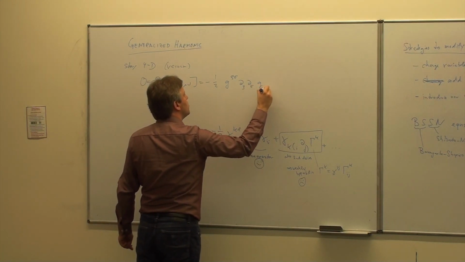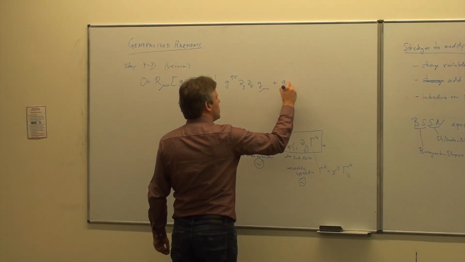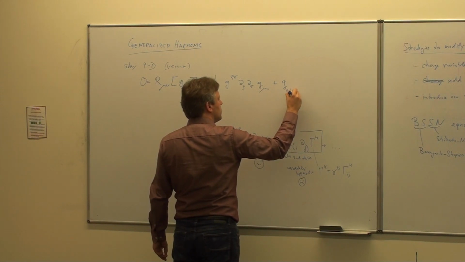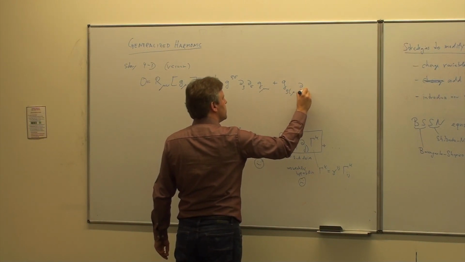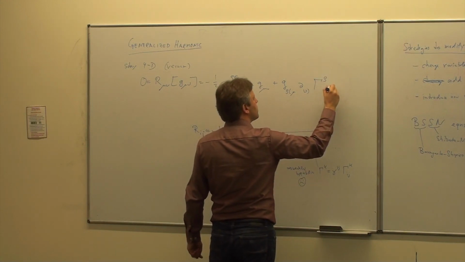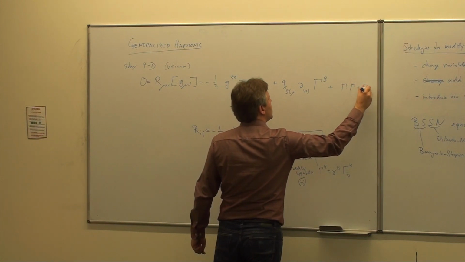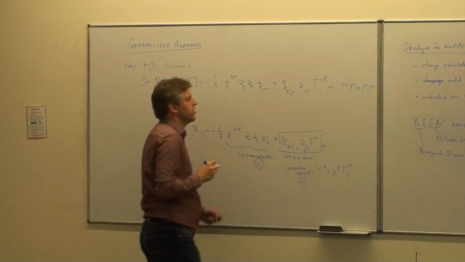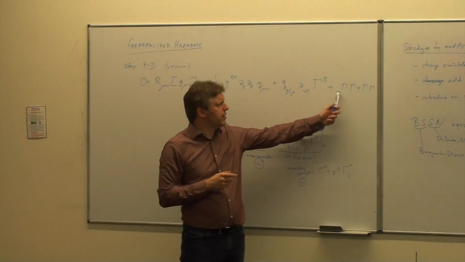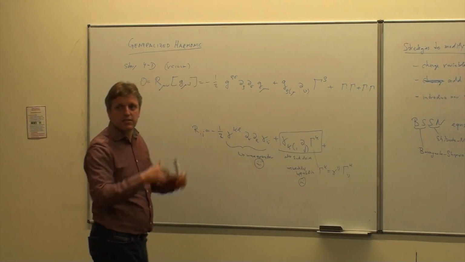Sigma G mu plus G rho mu d mu gamma rho plus the other terms that are in the Ricci tensor. The other terms, by the way, are products of two Christoffel symbols contracted in suitable ways.